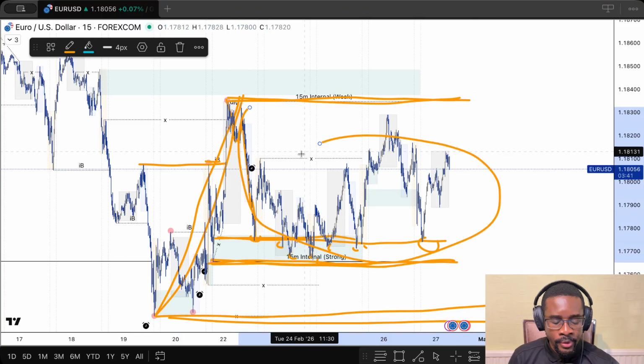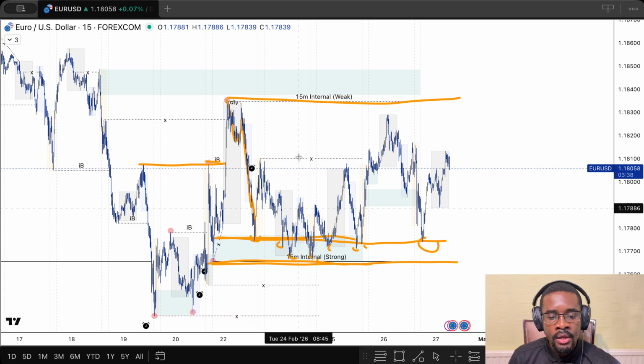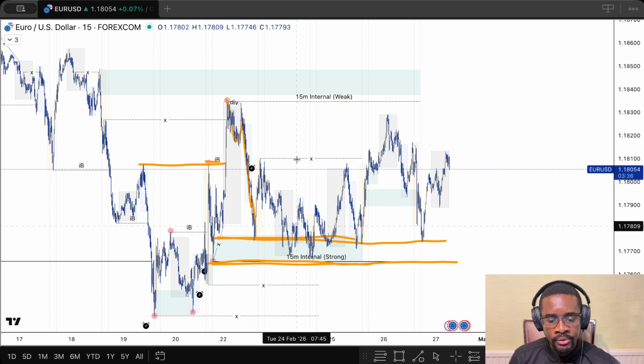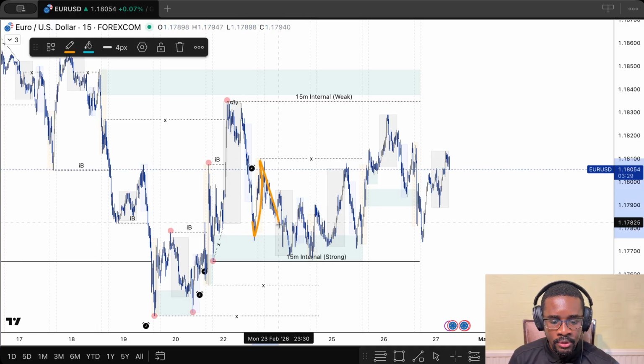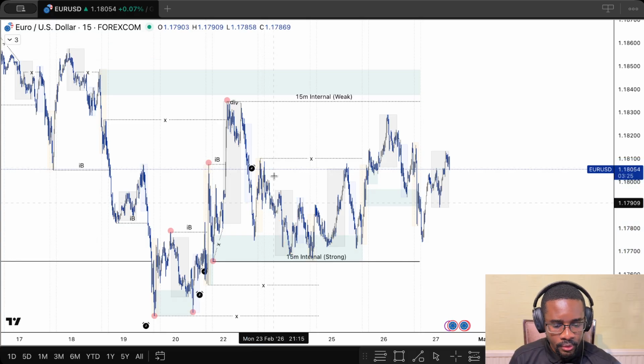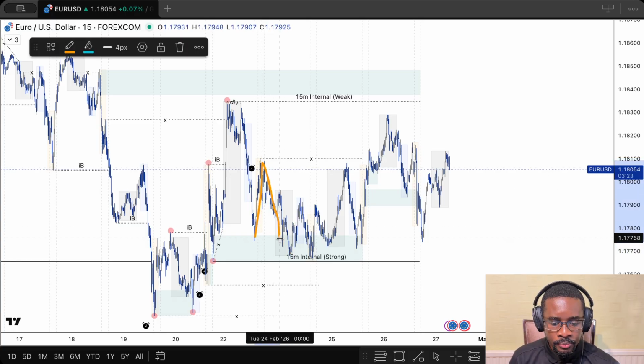This is a pullback within the range, and we came to the decisional in that range, and we have shifted bullish again. So this was the last time price pushed down.